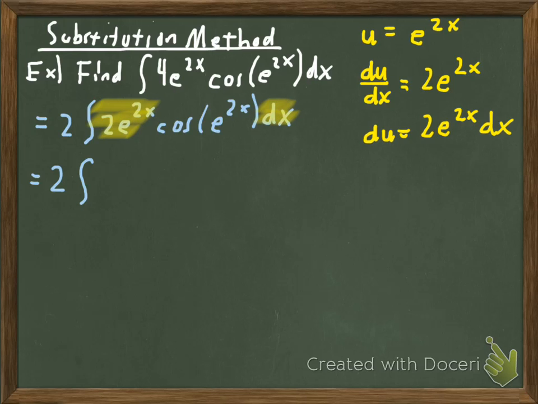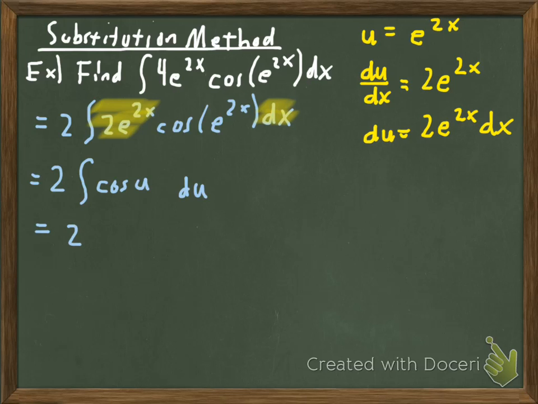And so that part right there is going to become our du. And then we'll go ahead and replace e to the 2x with u. And so we'll have 2 times the integral of cosine of u du.